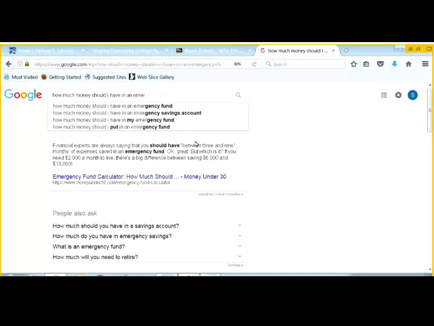Financial experts are always saying you should have between 3 and 9 months of expenses saved in an emergency fund. Okay, great, but which is it? Yeah, so if you need $2,000 a month to live, there's a big difference between $6,000 and $18,000. I don't know what the answer is.